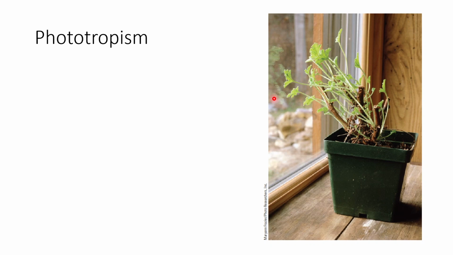The next type of tropism is thigmotropism, which is growth in response to touching an object. An example of this type of tropism is the curling growth of tendrils on stems, like in cucumber, which helps climbing, or in vine, for example, helps climbing on a surface.